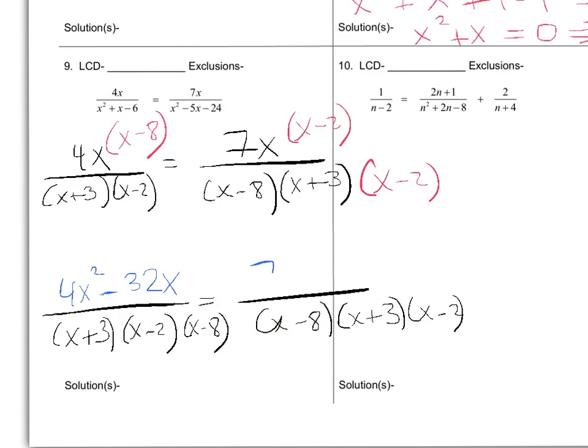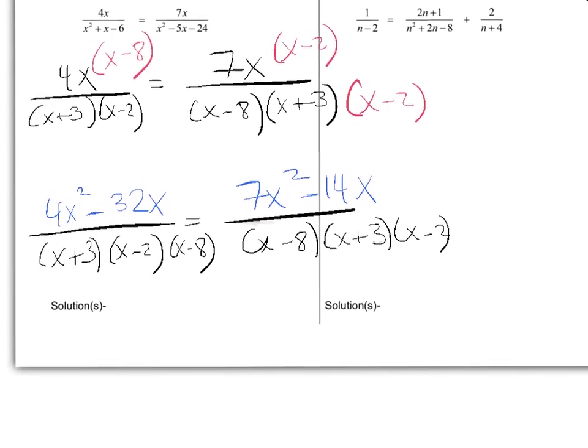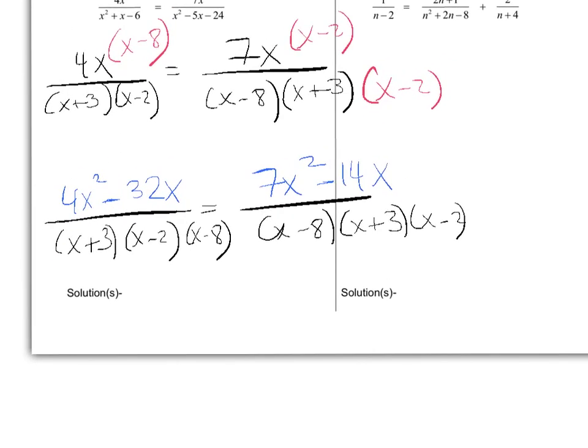The other side would be 7x squared minus 14x. Then you try to cancel out the denominator because it's the same. So you would have 4x squared minus 32x is equal to 7x squared minus 14x.